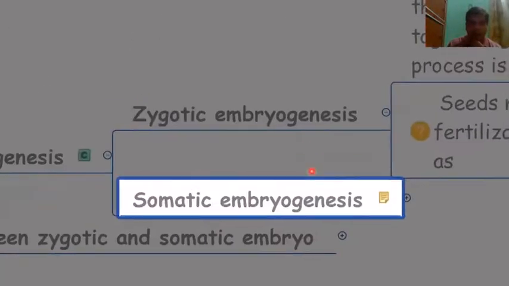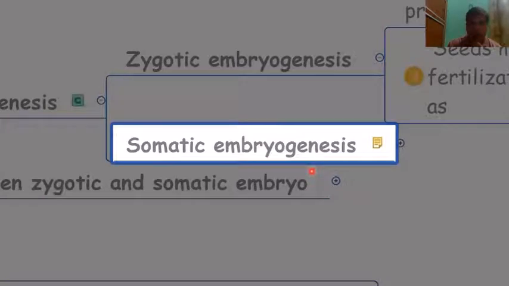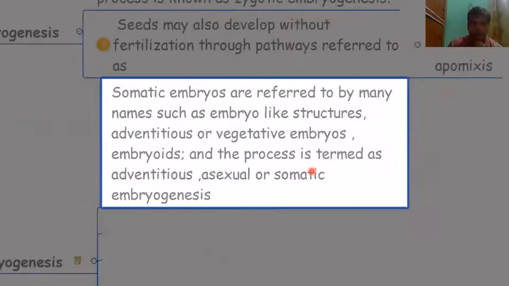Now let's move further. What is somatic embryogenesis? Now the whole topic is on somatic embryogenesis, so we're going to detail it further here. Somatic embryogenesis means the formation of somatic embryos from somatic cells. The somatic embryos are referred to by many names, such as embryo-like structures, or adventitious or vegetative embryos.